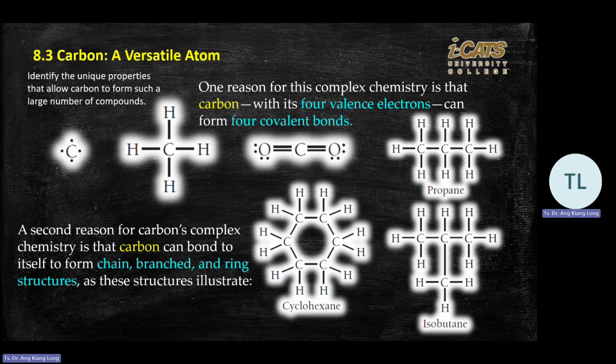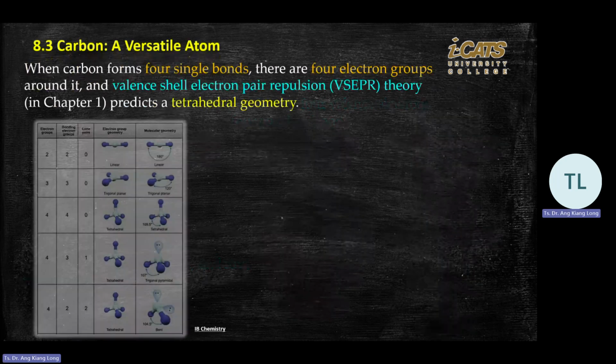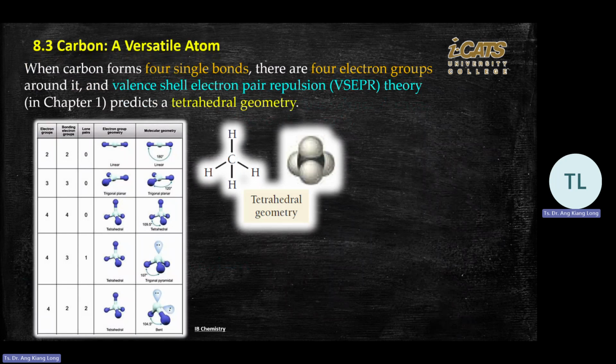So these are examples of hydrocarbon: cyclohexane, isobutane, and so on. These are the refresher for chapter 1. We have seen what is tetrahedral geometry and so on.